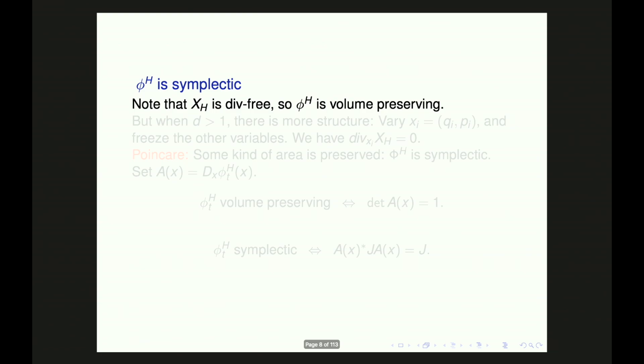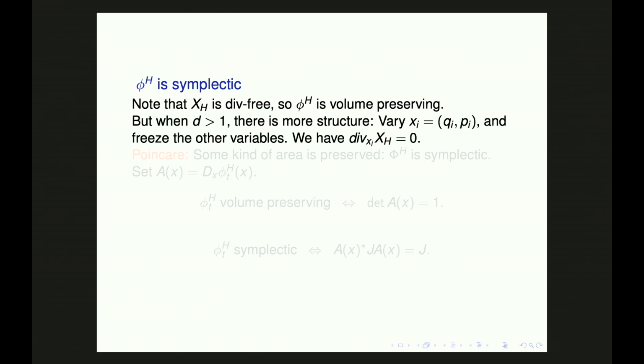And in fact, the way to think about it is that if you write x_i for one coordinate of position and one coordinate of momentum, if you look at this pair, then this vector field, if you ignore the other variables, is divergence-free even for this particular pair. So it's as if in dimension 2, you already have a divergence-free structure. This suggests that some kind of area should be preserved.